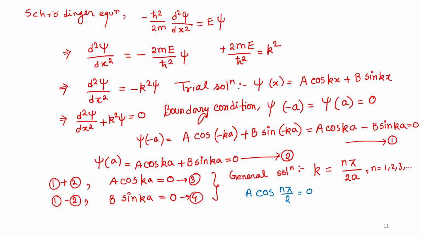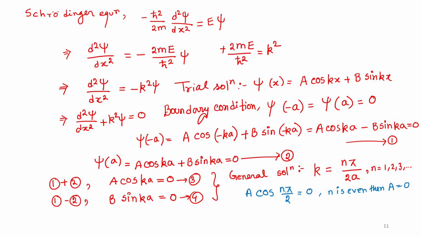Now see, A can be 0 when cos n pi by 2 is not 0, right? It has some value. And that is true when n is even. I'll prove it to you.